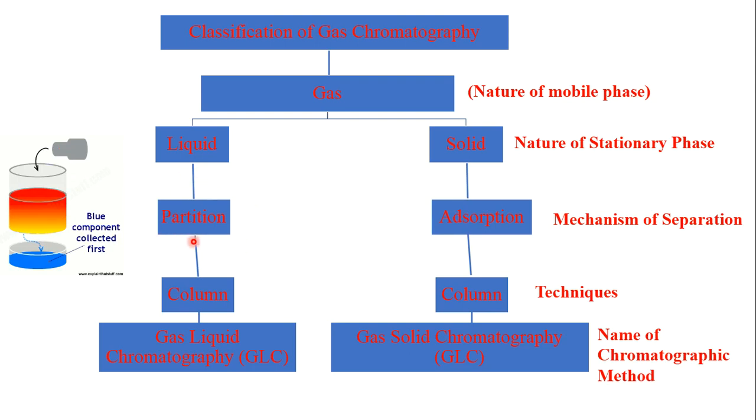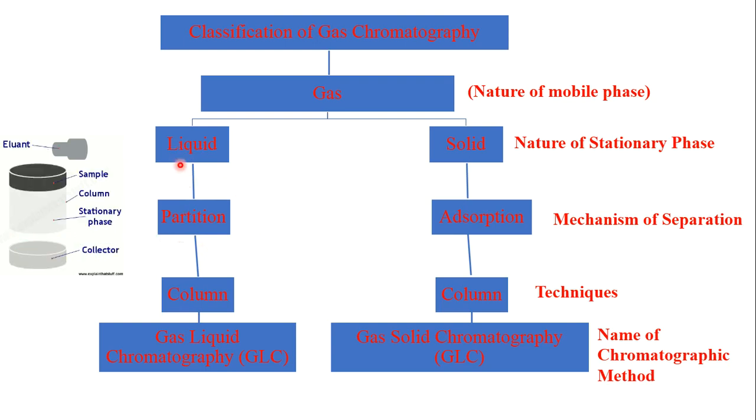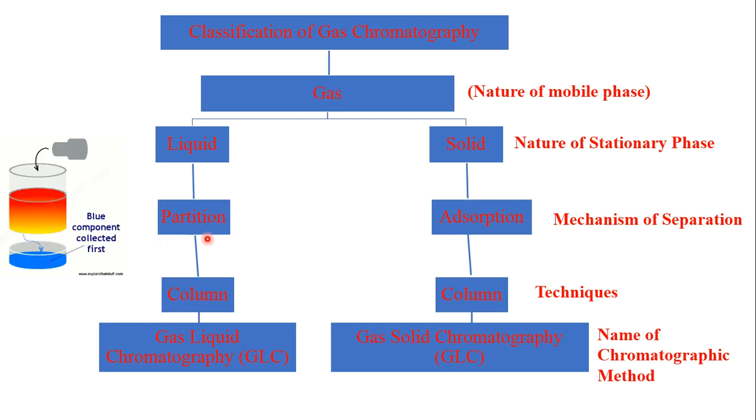Here, the sample molecules are solubilized in the liquid phase coated over the solid particles. So it is called partition, partition of sample molecules between the mobile phase and the stationary phase.